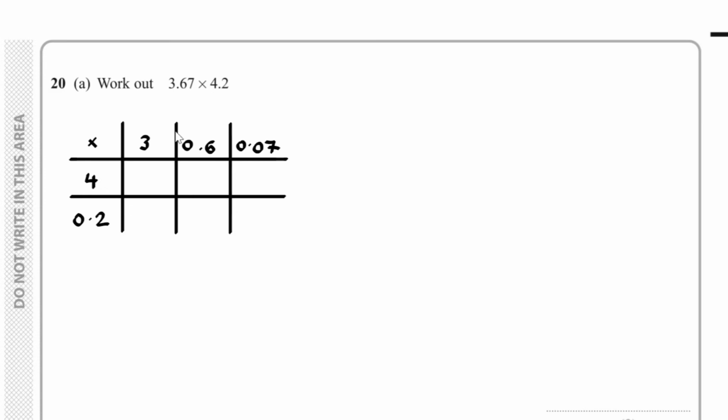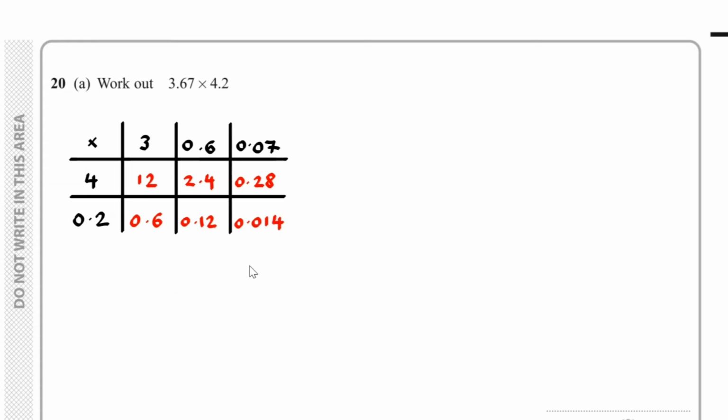Now let's multiply. 4 times 3 is 12, 4 times 0.6, that's 2.4. 4 times 0.07, that's 0.28. 0.2 times 3 is 0.6. 0.2 times 0.6, that's 0.12. 0.2 times 0.07, that's 0.014.